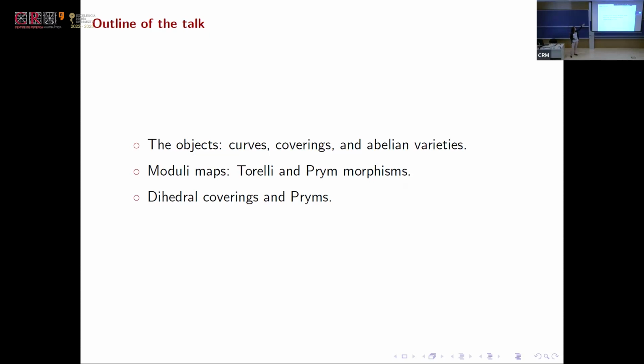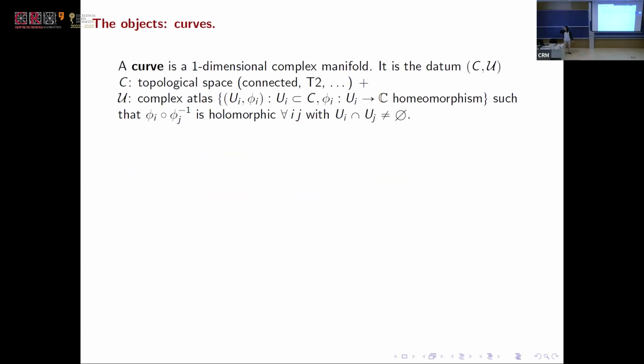Then I will focus on a particular kind of covering, called dihedral coverings, and we will attack a problem on Prym varieties related to this specific kind of covering.